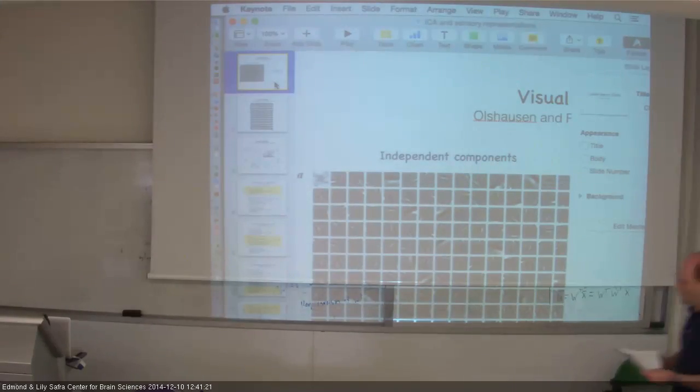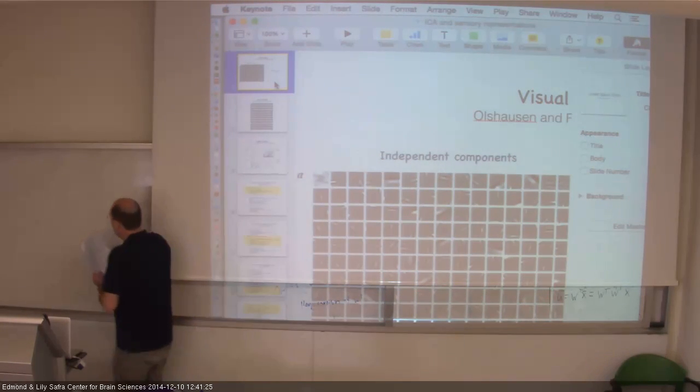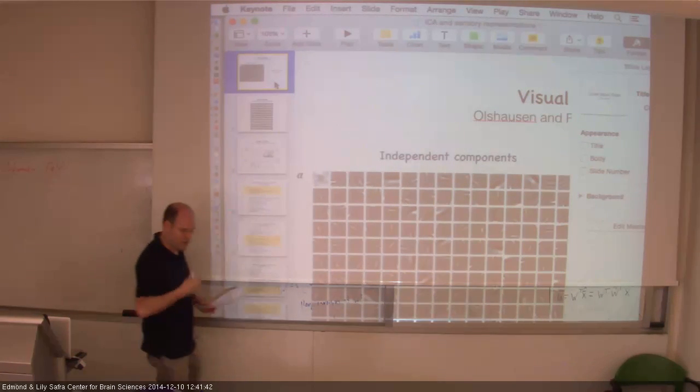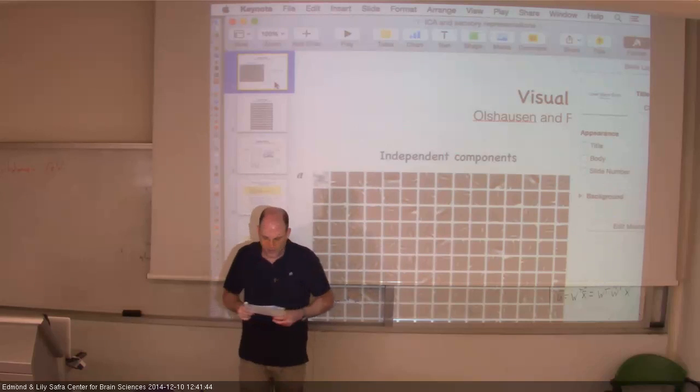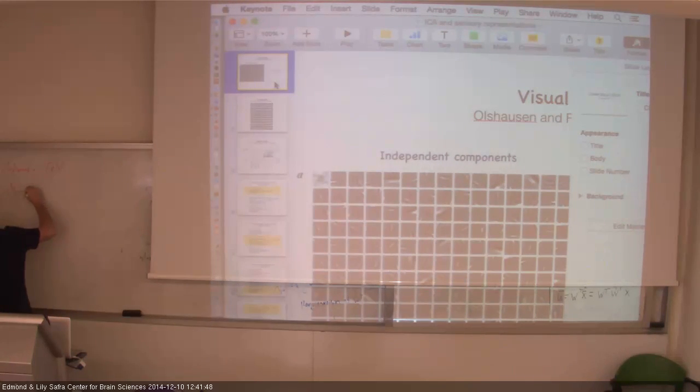And there were two lines of work, one by Olshausen and Field. What Olshausen and Field said is that the transformation from the visual inputs to the representation in the cortex maximizes entropy or mutual information.